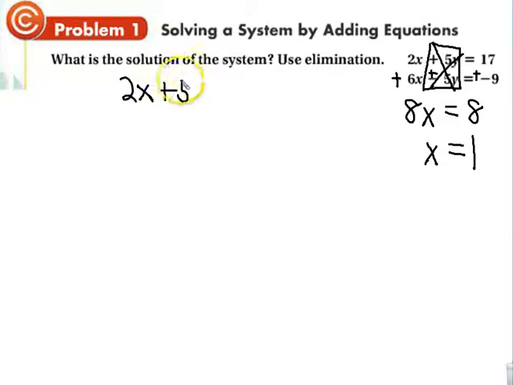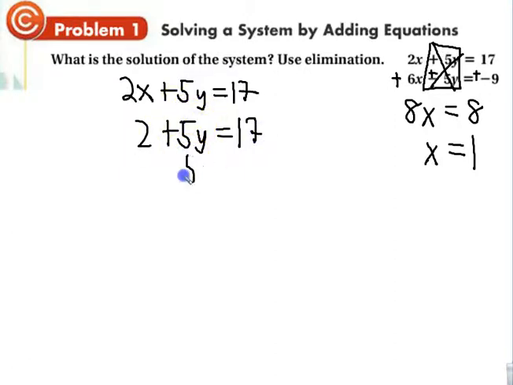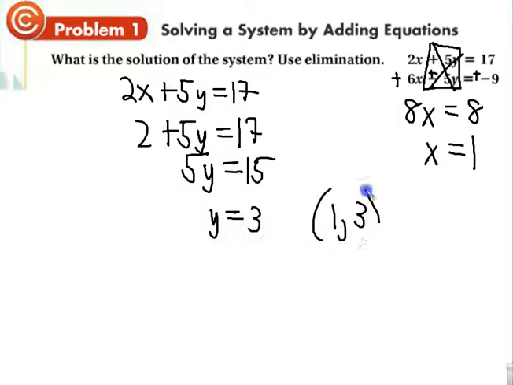I'll pick the first one. You could pick the second one. And I'm going to plug in x equals 1. So 2 plus 5y equals 17. So 5y equals 15, y equals 3. So my answer is 1, 3.